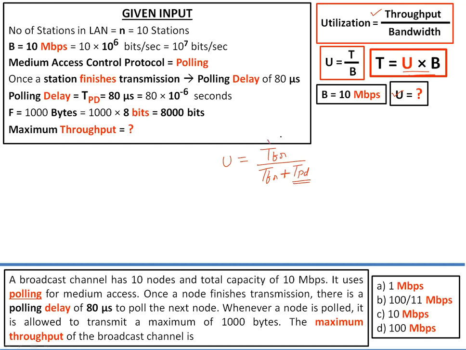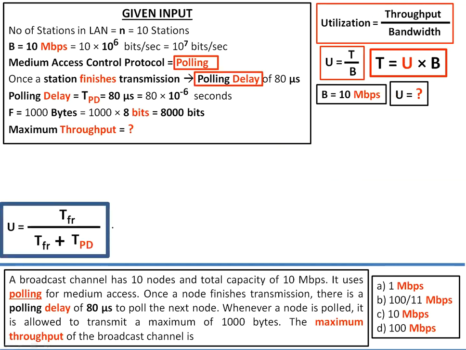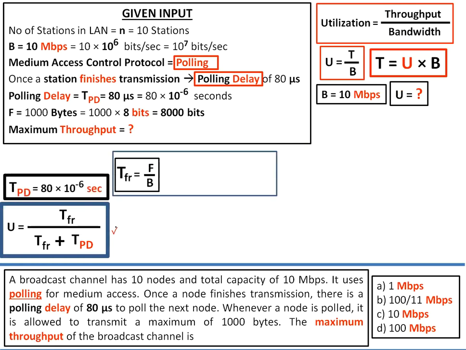That means after sending every frame, you have a delay to accept. It is the total time you are taking to transmit one frame. That is TFR by TFR plus TPD. So that is the utilization formula, guys. TPD is given, TFR you have to calculate.